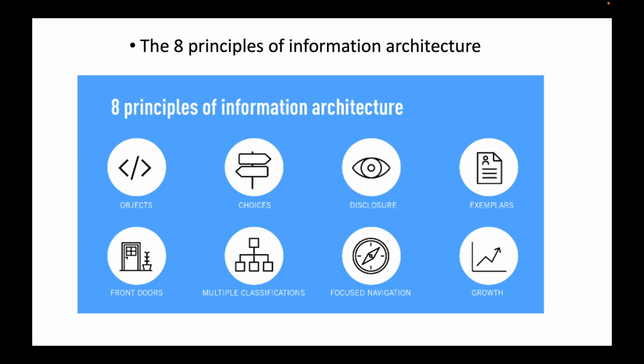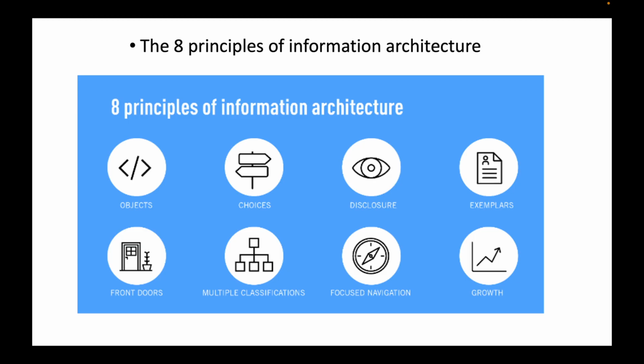So the 8 principles of information architecture are: the first one, objects; second, choices; third, disclosure; fourth, exemplar; 5, front door; 6, multiple classification; 7, focused navigation; 8, growth.